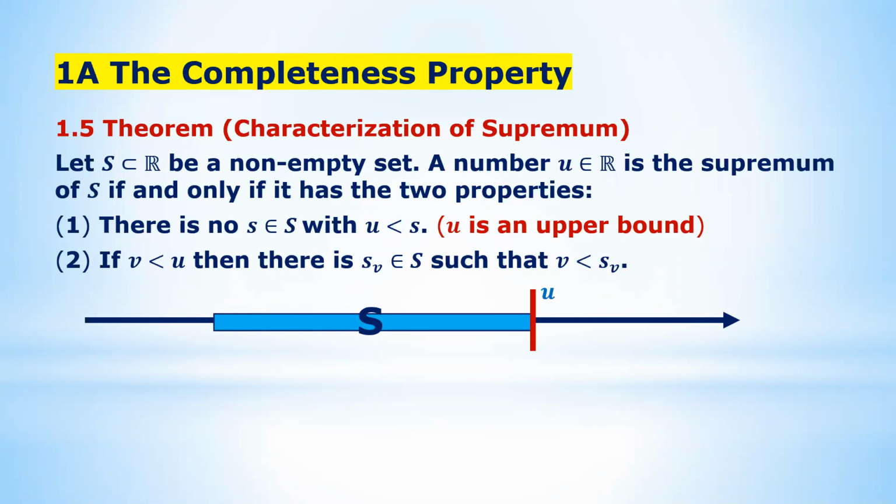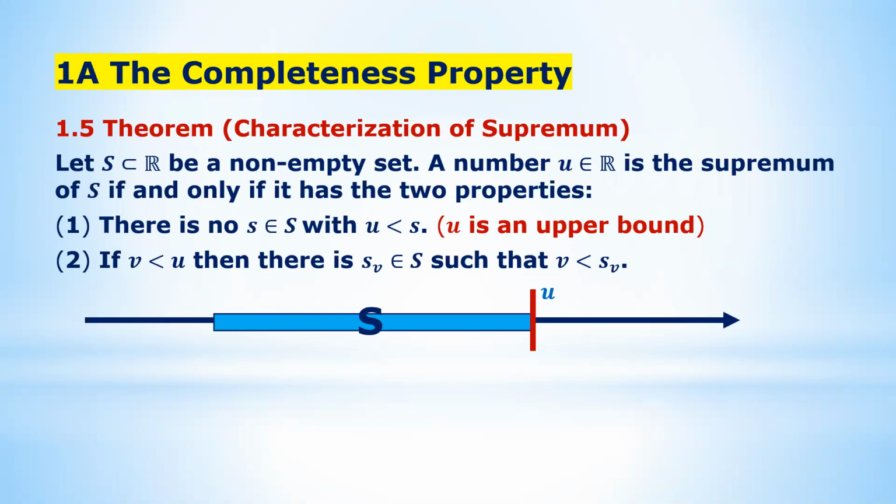This sentence says that there is no s which is greater than U. Therefore U is controlling every element in S, so U is an upper bound. The U in property one doesn't necessarily imply that U is the least upper bound, but at least it tells you that U is an upper bound.